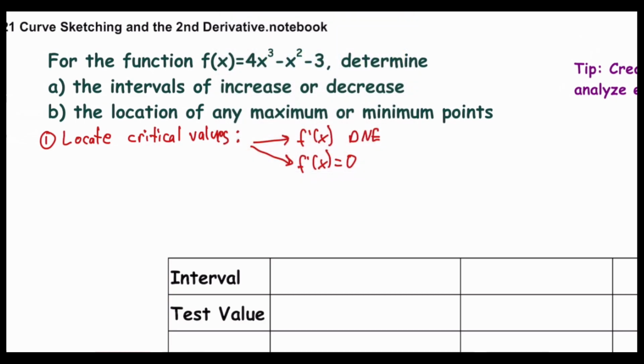Note, like I said, because we're dealing with a cubic function, for a cubic function, there's no asymptotes or anything. For a cubic function, f prime of x always exists.